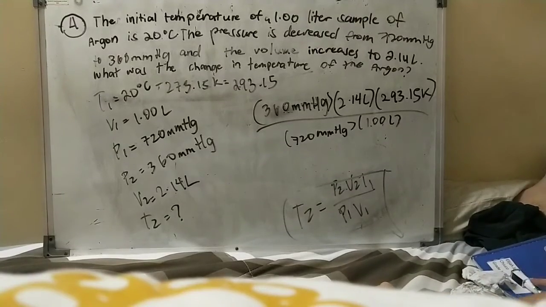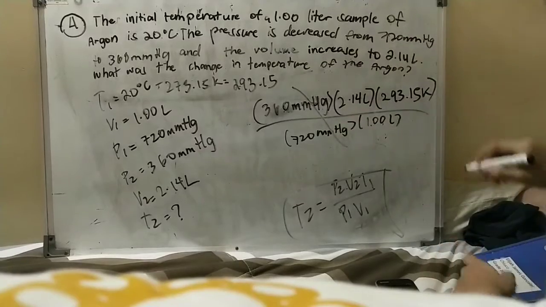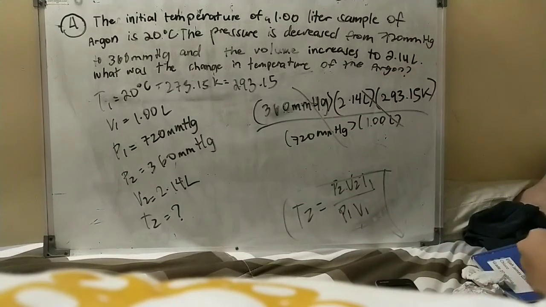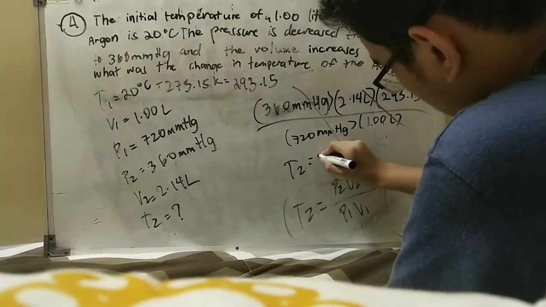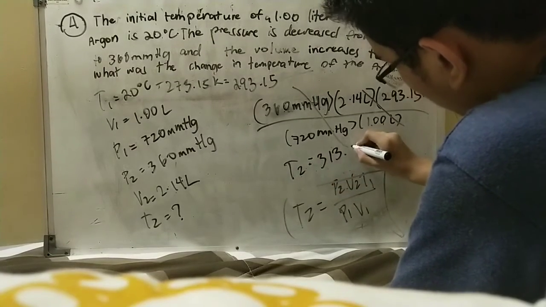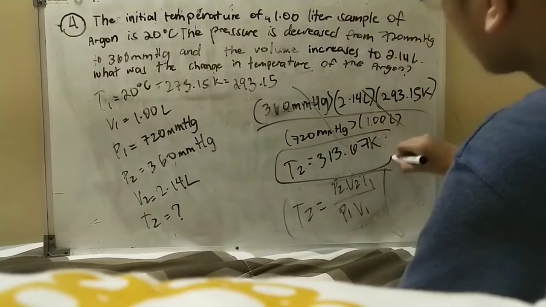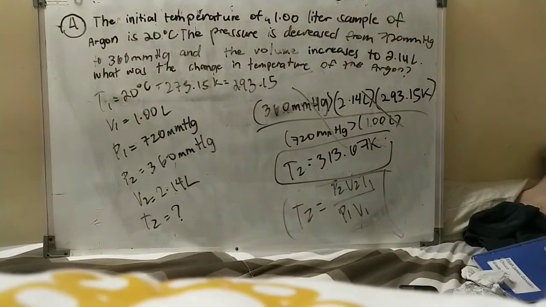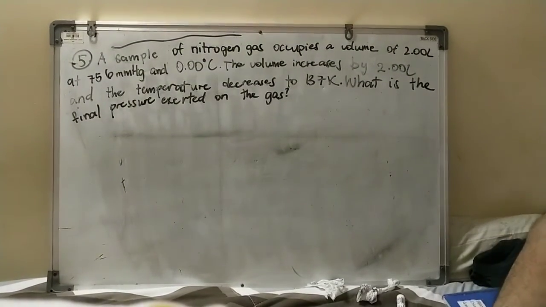So what I do first is we're going to cancel this. Cancel. Then we're going to solve the formula. 313.67 Kelvin. That's our final answer. So this is our last example.